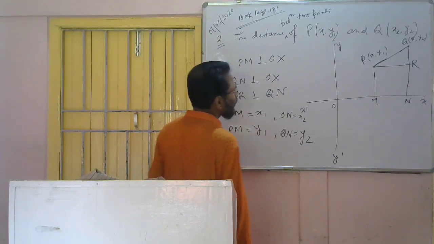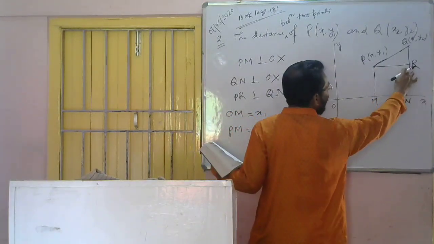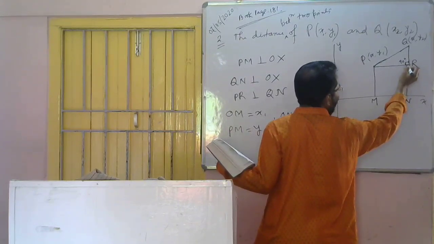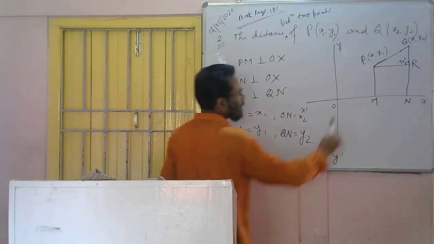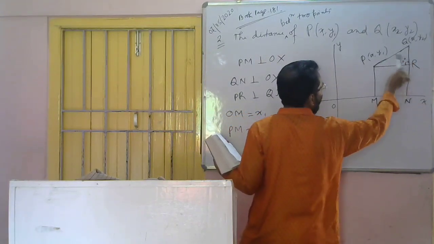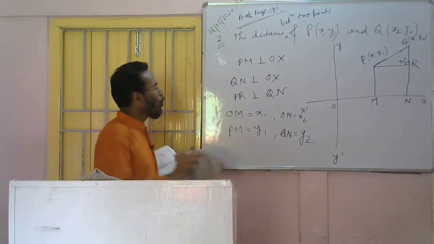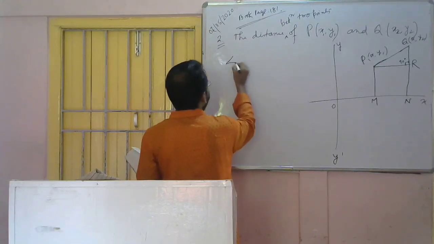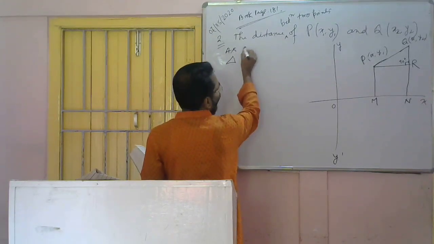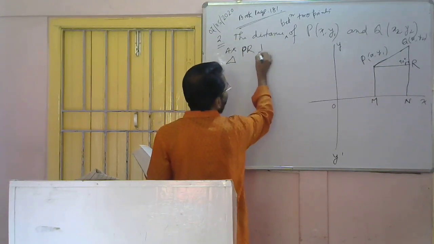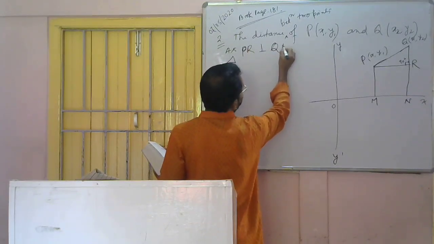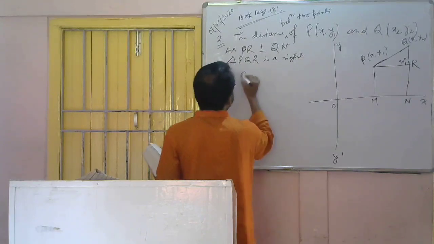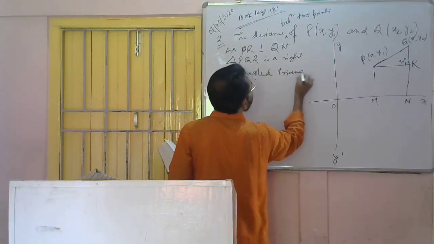Then you see, because PR is perpendicular to QN, this angle becomes 90 degrees. As this angle is 90 degrees, triangle PQR is a right angle triangle.